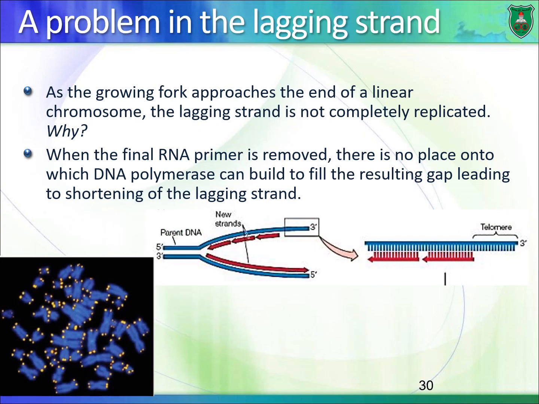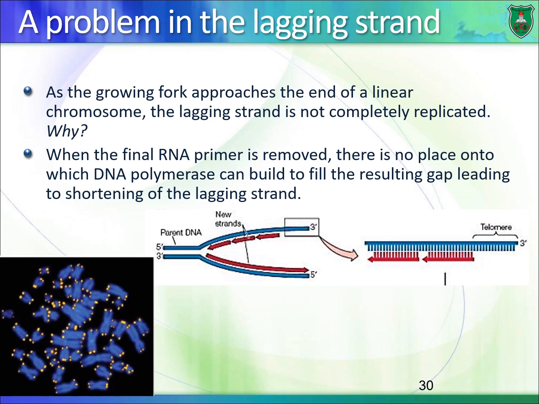Now, we have a problem with the lagging strand. Whereas in the leading strand, DNA synthesis continues until it gets to the end of the chromosome or DNA, we have a problem at the end right here, where we have synthesis of the Okazaki fragment, but in order to complete DNA synthesis, we need to place a primer, but there is no space to add a primer. So the end of the lagging strand is not really completed.